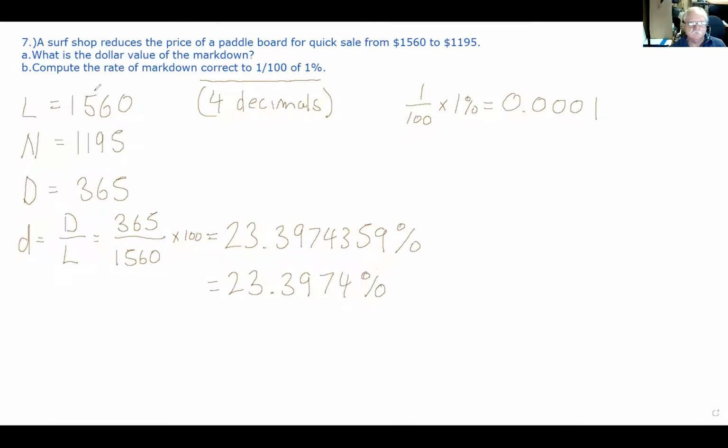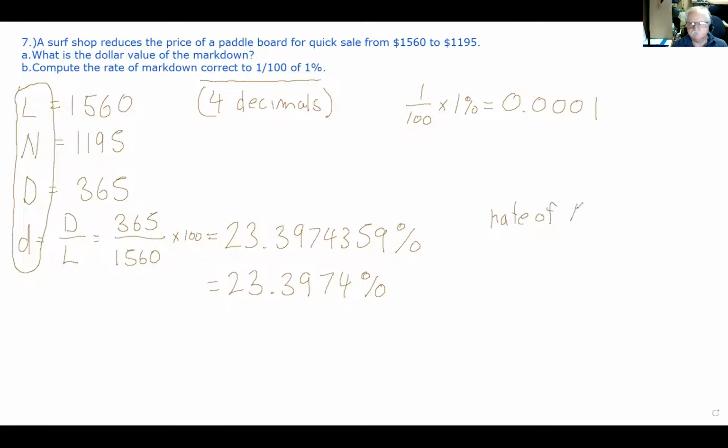So whenever you're being asked to find the rate of markdown, put it into this framework here. And have the higher price, the lower price, the difference, and then the difference divided by the higher price. That's the most basic, straightforward way to calculate either the rate of discount or the rate of markdown, right? They're the same thing.